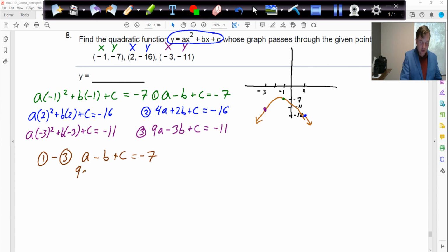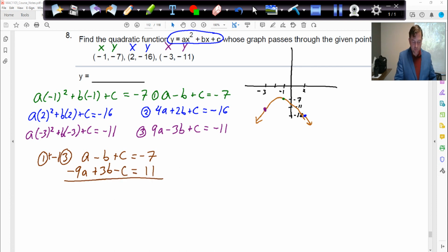Equation 3 is 9a minus 3b; we're subtracting, so we're adding a negative copy of equation 3. So this is actually minus 9a plus 3b minus c equals positive 11. Minus 8a plus 2b, c's go away, and this would now be 4. We're going to call that equation 4.